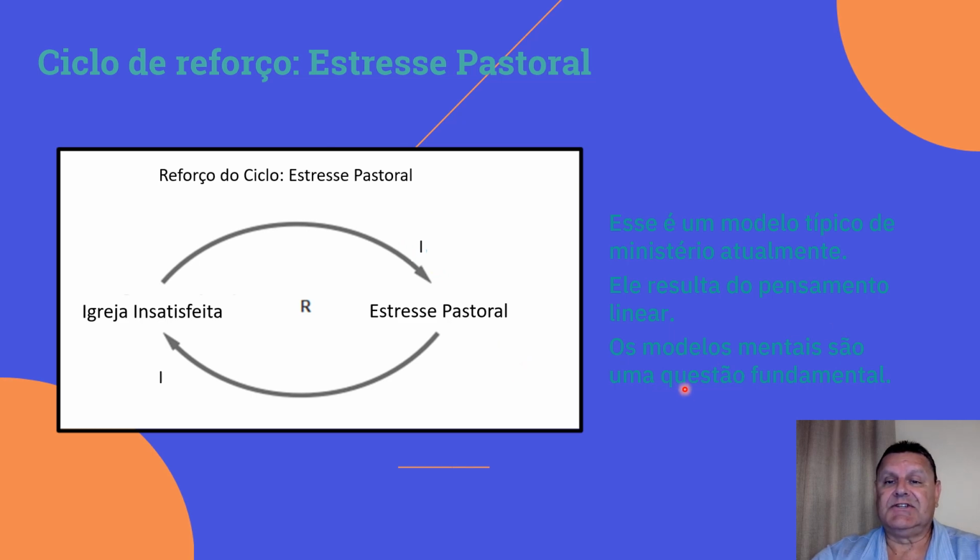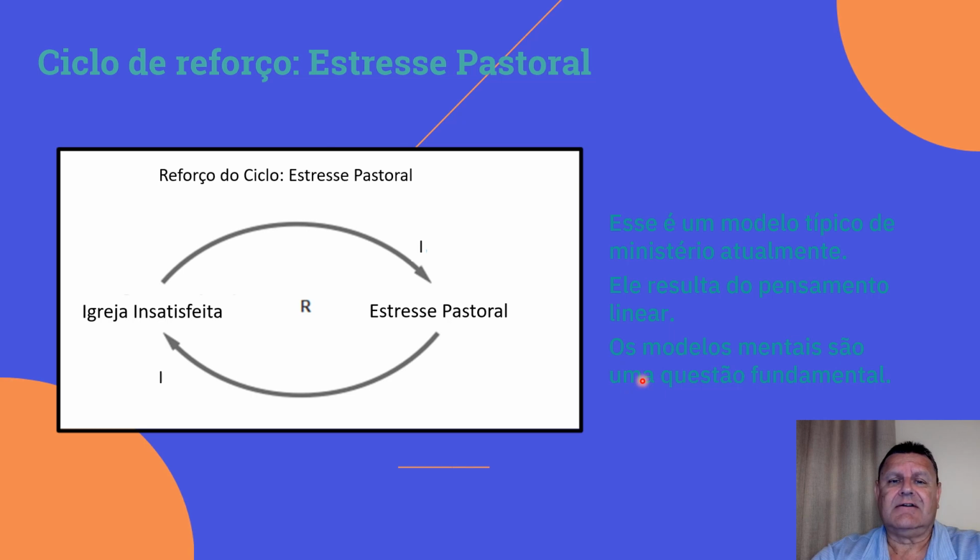And this is such a typical model. But this reinforcing loop regarding stress is actually the result of linear thinking. We're going to talk more about this as we go. But this is also indicative that mental models are a fundamental issue in this reinforcing loop. So we'll talk more about this as we go through this course.